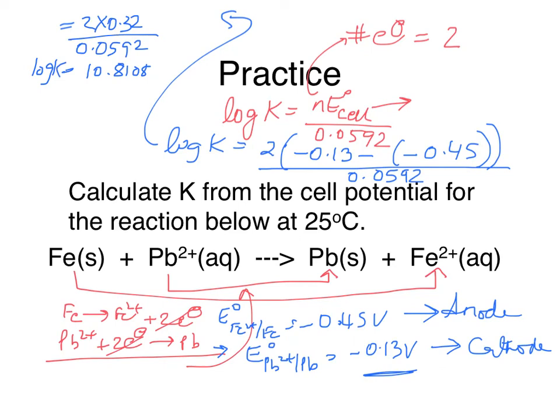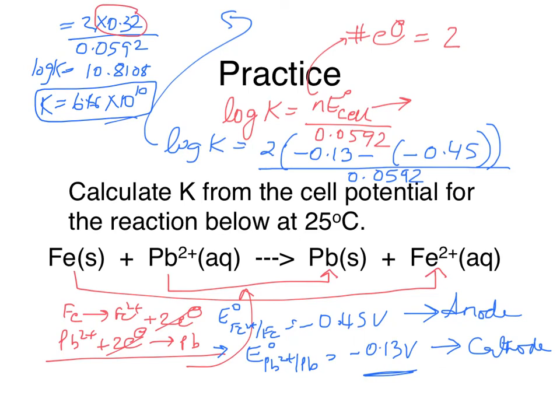So now I have to take my anti-log, so I go shift or second, and K turns out to be 6.46 times 10 to the power of 10. That's a pretty gigantic number. And it makes sense because my cell potential came out to be a positive value, 0.32 volts.